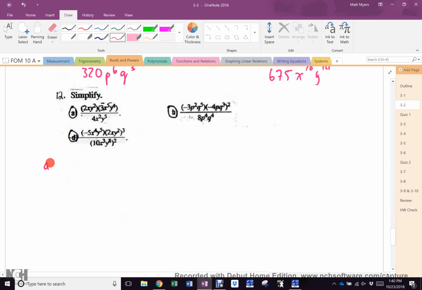And finally, A is 3 x to the 4th y over 2. B is negative 6 q to the 7th.